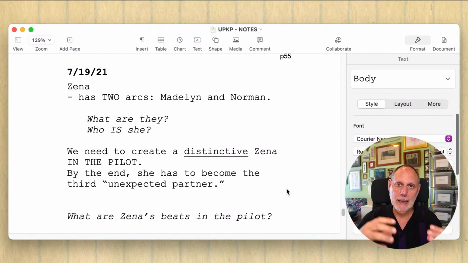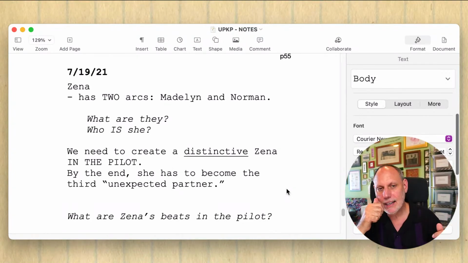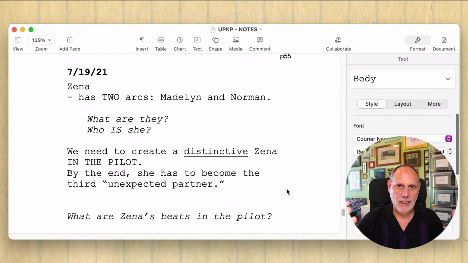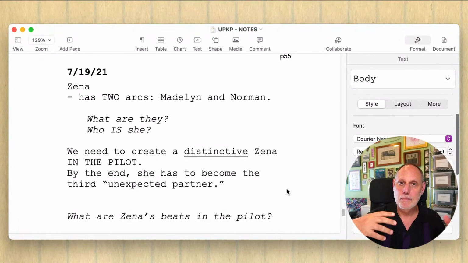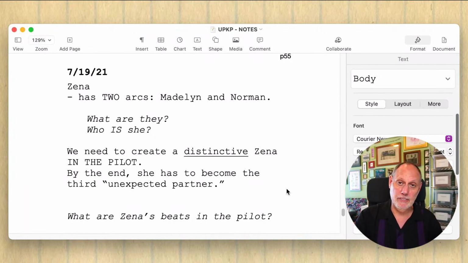I was working on getting Madeline and Norman, and then I suddenly thought, their relationship is going to be central because Xena appears to be their rom-com confidant, their best buddy, and then she turns out to be the villain. So when you do a twist like that, when you do a reveal, what you need to do is create a completely convincing wrong version.